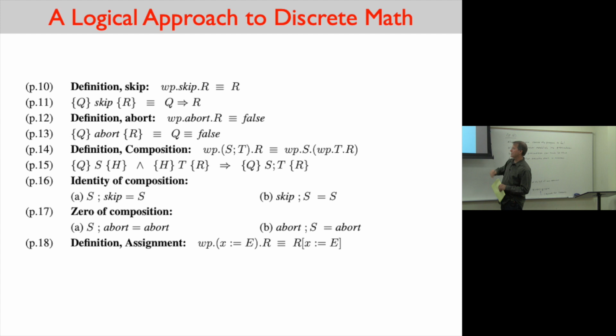So what does this composition mean? This is how you do two statements. The weakest precondition of one statement followed by another statement is defined to be what? What does it say in P.14? How do you find the weakest precondition if you have two statements, one right after the other?